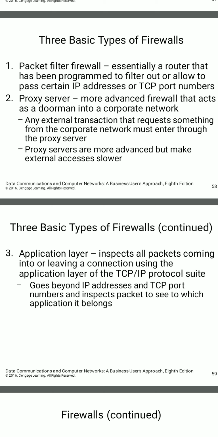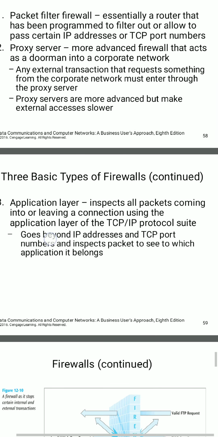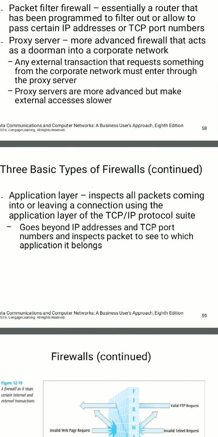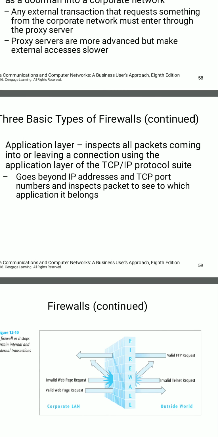Similarly, the same thing goes for a proxy server. The transaction making a request of the company's proxy server never comes into contact with the company's network. Any external transactions that request something from the corporate network must first approach the proxy server. The proxy server creates an application called the proxy, which goes into the corporate network to retrieve the requested information.